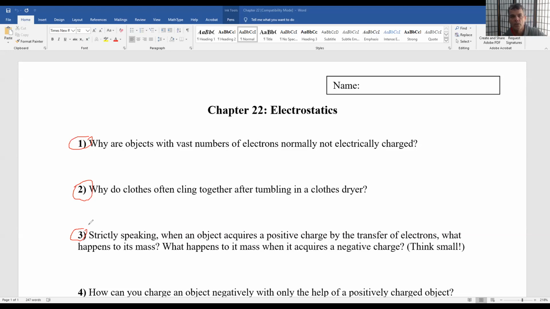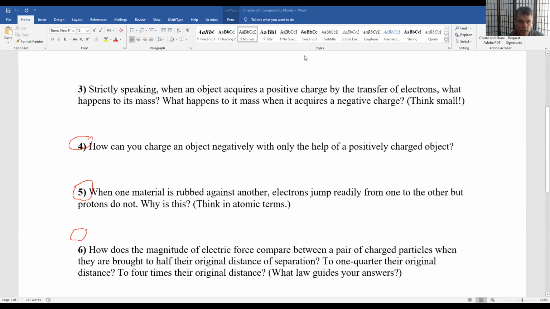If you gain an electron, you gain that mass. So an object that's negatively charged has gained electrons, which means it's going to have more mass than when it's neutral. An object that's positively charged has lost electrons, which means it's going to have less mass than when it's neutral.